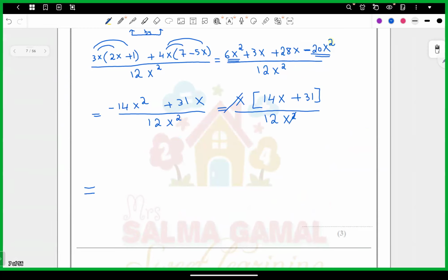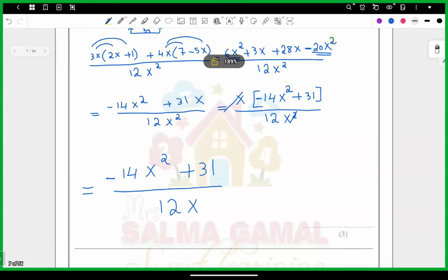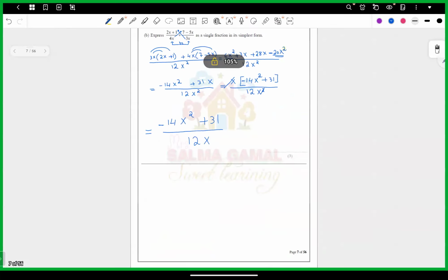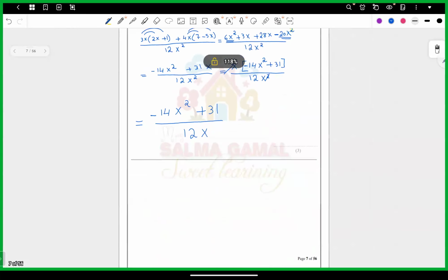So how many are left over with us? Here the final answer should be minus 14x plus 31 over 12x. Like this. Okay.